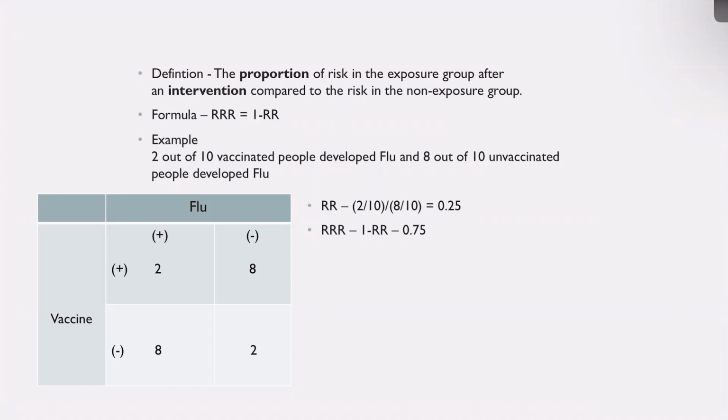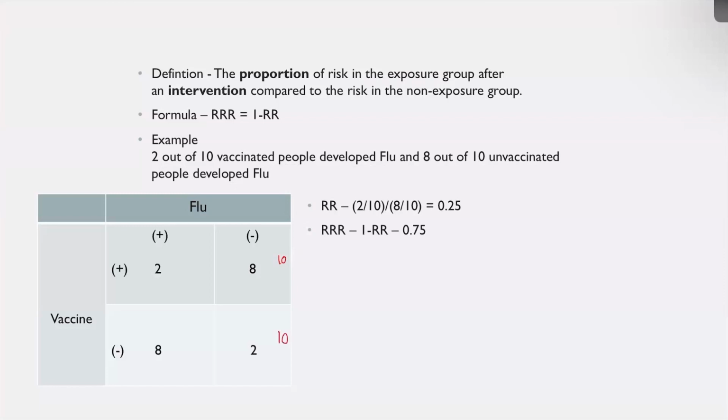Again, we have an example. So 2 out of 10 vaccinated people develop flu and 8 out of 10 unvaccinated people develop flu. Okay, so 10 vaccinated people here, and 2 developed flu and 8 didn't.